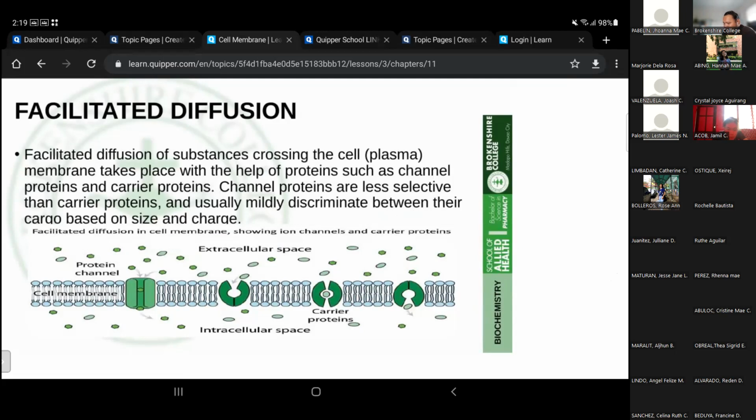And then there are those called carrier proteins, which are more selective. So those are under facilitated diffusion.